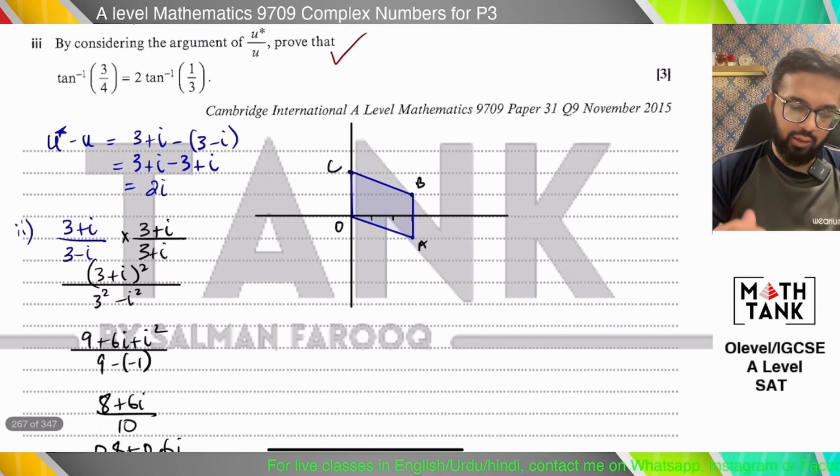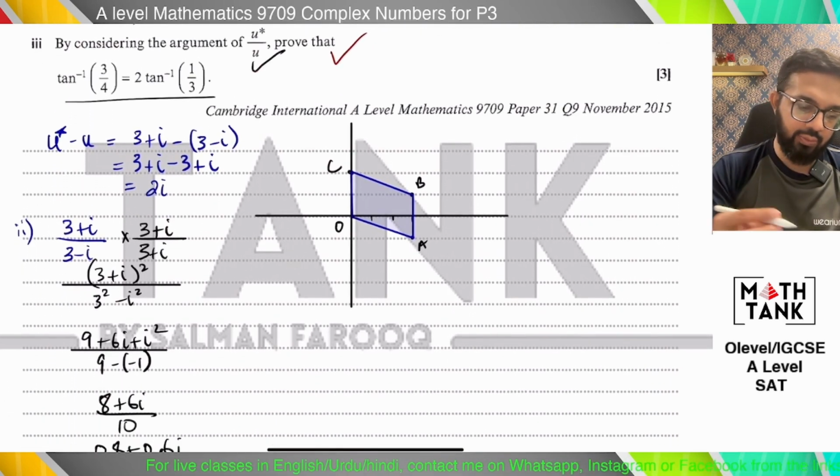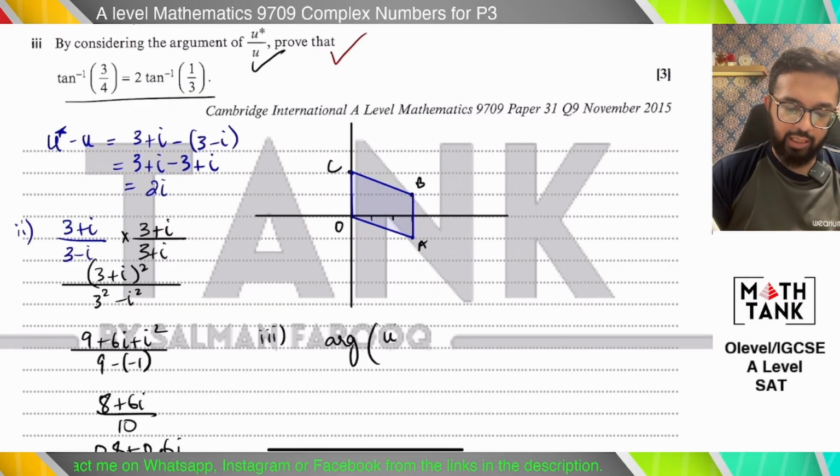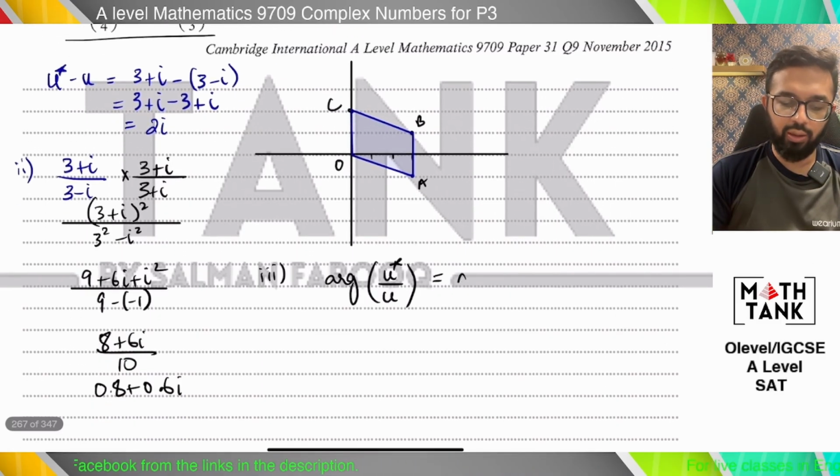That was easy. Now just by considering the argument of this, prove that. I want to prove both sides to you. Okay. So argument of u star over u. I know from my rules that argument of u star over u would be argument of u star minus argument of u.